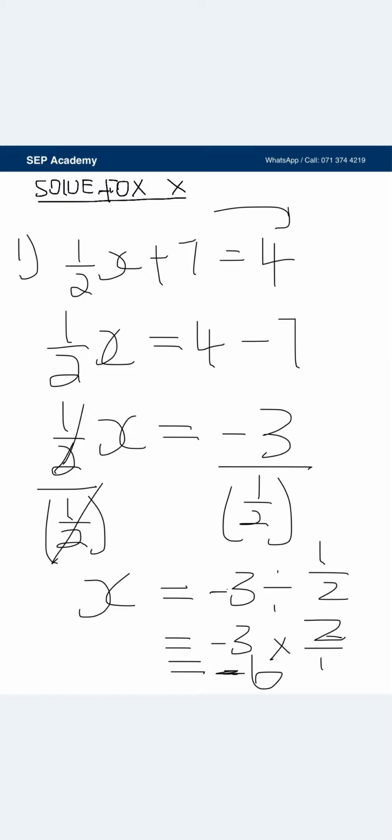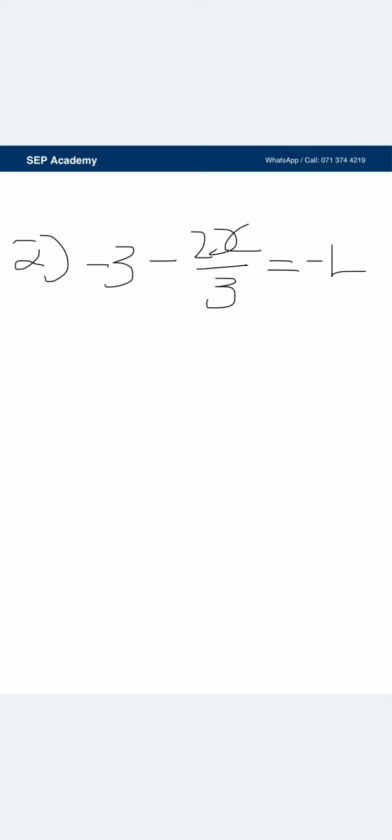And that should be the end of it. So as we continue, you will therefore notice how to deal with such where you get to almost the final answer. So now let's say you have negative 3 minus 2x over 3, and this being equated to, let's say, negative 4.